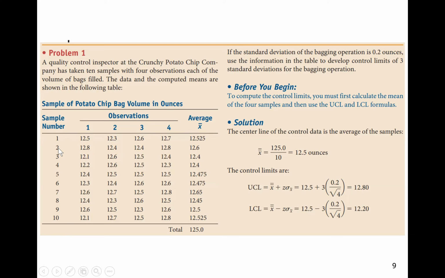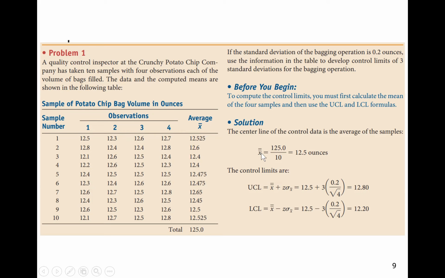In our previous case, it was in vertical calculations, but now here it shows in a horizontal way, because the number of samples is many. It is a very good system to arrange these observations. So sample 1, sample 2 average, sample 3 average, and the total average is 125.